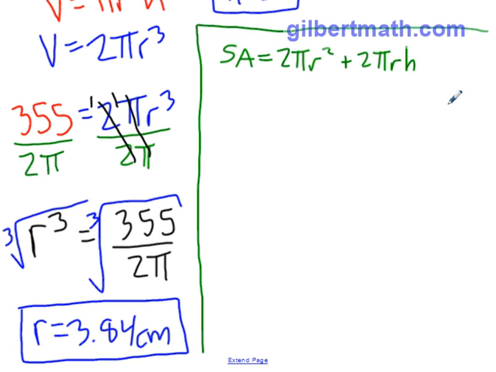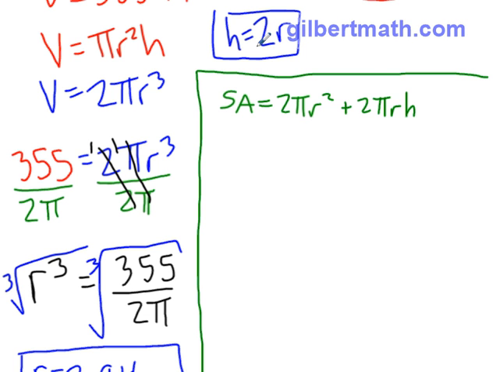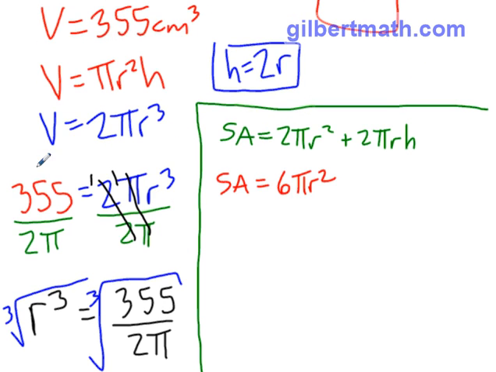However, if you remember what I've already said today, we know that the height is equal to double the radius. I can replace this h with 2r, which ends up making this 4 pi r squared, which makes the whole thing, the surface area of an optimized cylinder, equal to 6 pi r squared. And if you don't remember that, you don't have to at this point because you can plug in 2r, or you can just plug in whatever 3.84 times 2 is and solve it that way.